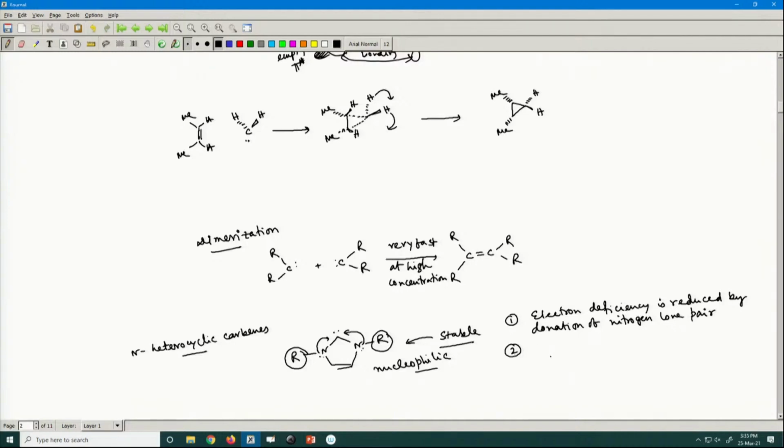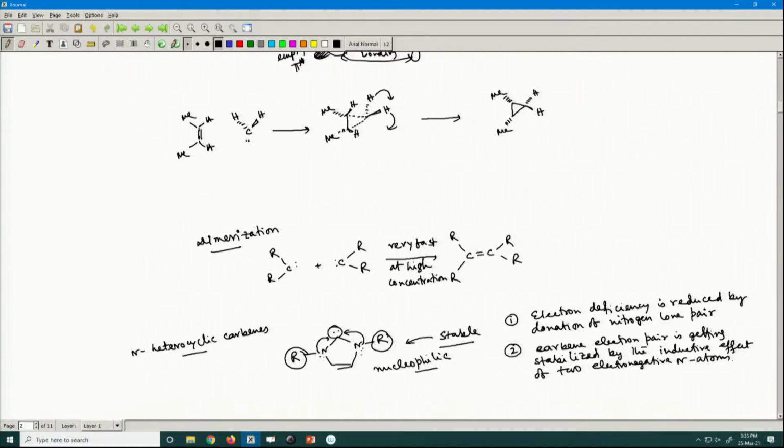So, this carbene electron pair that is over here is getting stabilized by the inductive effect of two electronegative nitrogen atoms.